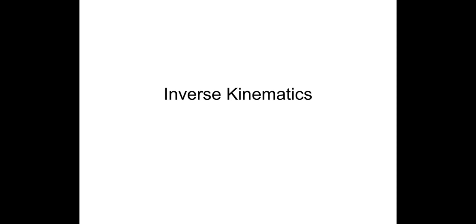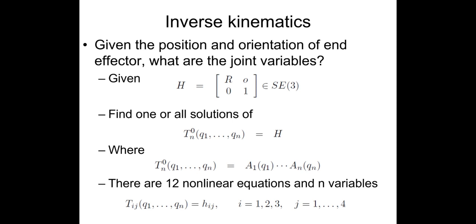So to answer the second question, we need to do the inverse kinematics. Mathematically, it means that we are given the position and orientation of the end effector, and we ask what the joint variables are. Here, this H means Tn0, the tool's frame n in the world coordinates.